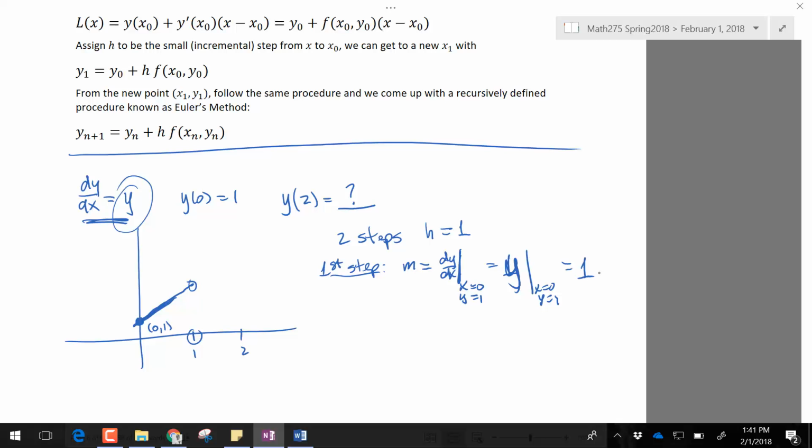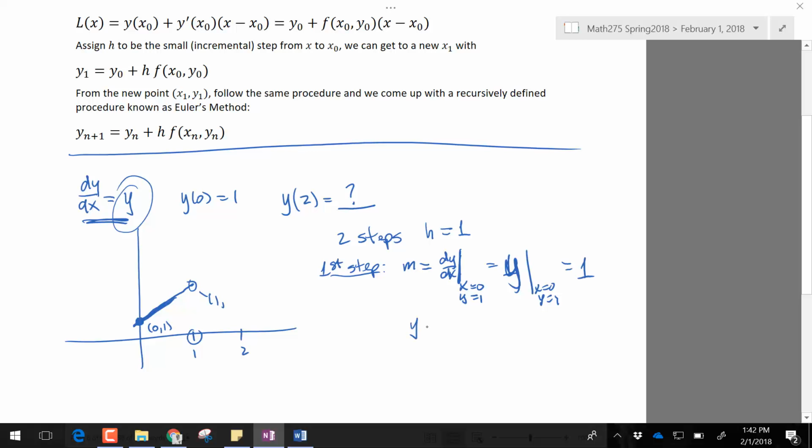So what do I need to do to find this point? Well, I know the point has a 1 for x, right? Because it's on 1. How do I find the y value? So this is a line, right? We need to make a line out of it.